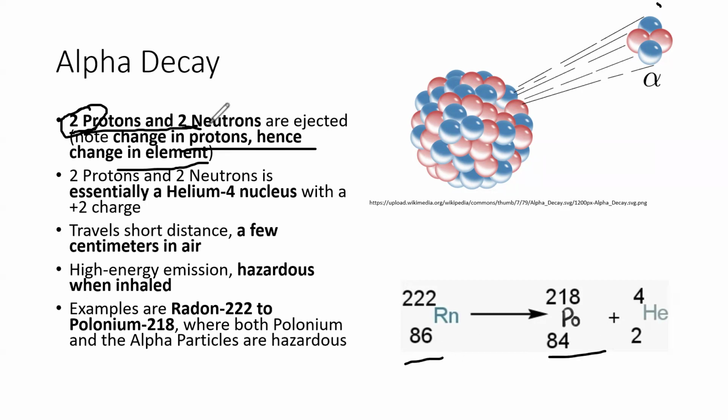One of the most relevant examples here is the decay of radon, or Rn. Radon has an atomic number of 86, or 86 protons. When it loses two protons, its atomic number changes to 84 and it transmutes into polonium.